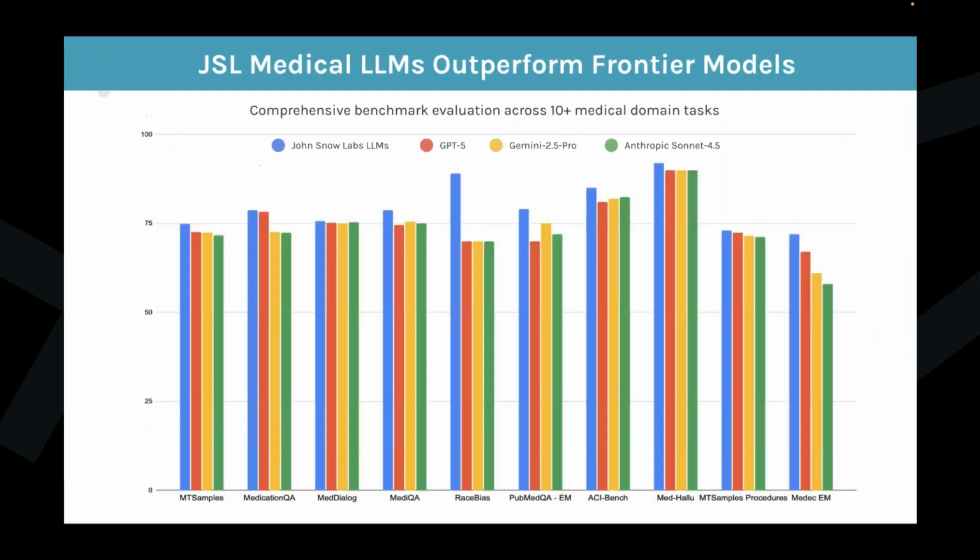This was run, by the way, last week: GPT-5 versus Gemini 2.5 Pro versus Sonnet 4.5, which were the latest state-of-the-art private LLMs, frontier models, at the time of this presentation. We compared our solutions on these data sets. By the way, we are going to provide you the endpoint so that you can reproduce this as well.